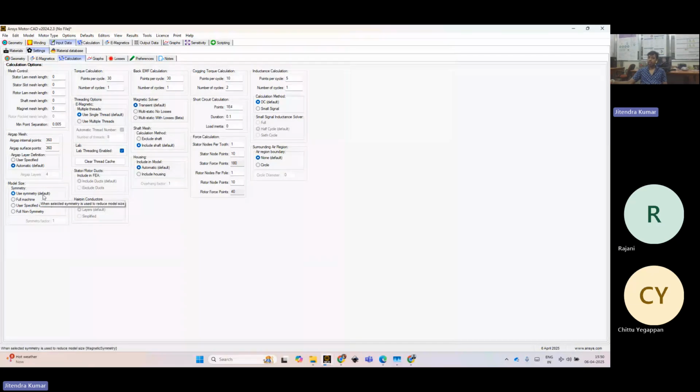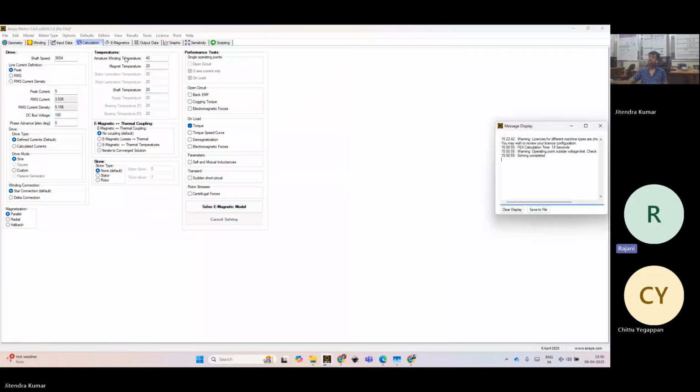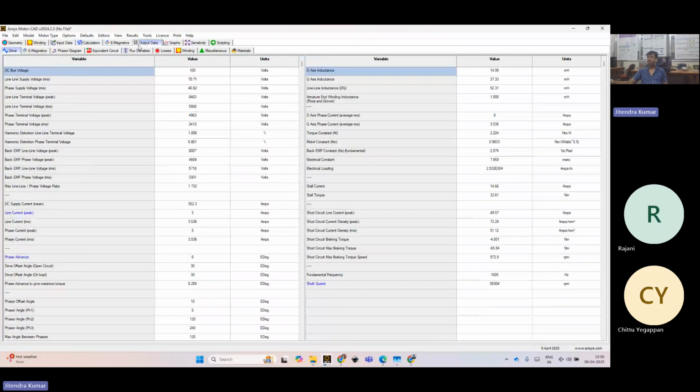With this symmetry, I'll calculate as per this model. It will take some time, and we will also observe the time taken by the symmetric model and the full model. The question was whether there is any torque difference, or how many times reduction or increment in the torque you will achieve with the different symmetric simulation.